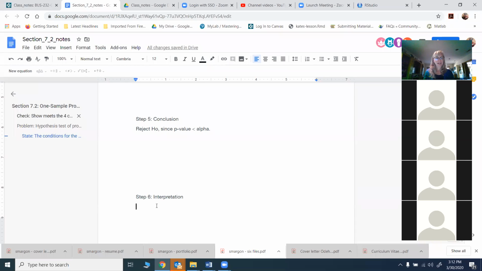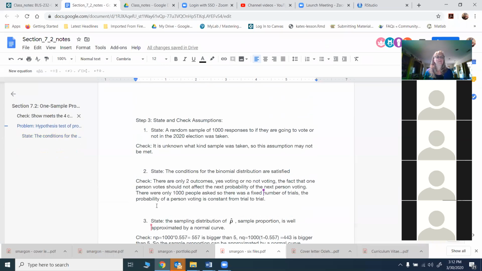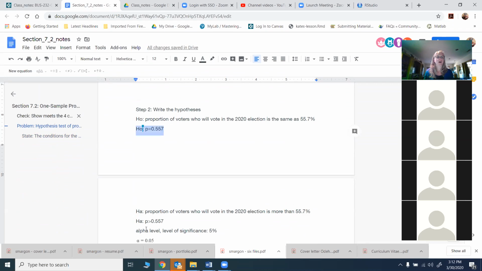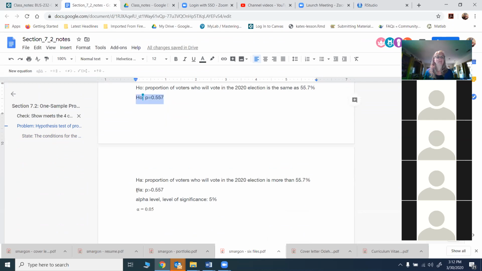Now, the interpretation is the important part. This is the part where you actually say, I have evidence to prove what I was trying to show, or I don't. If I'm rejecting my null hypothesis, if I'm saying this is wrong, that means I now have evidence to support the alternative. So if I reject H0, the only thing left to say is HA must have some evidence.